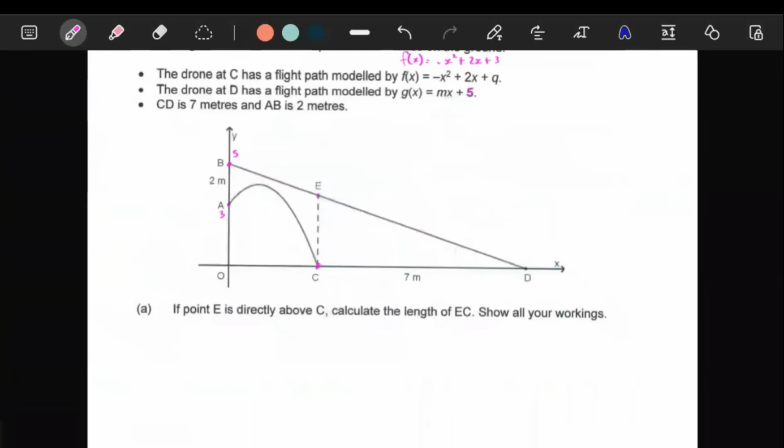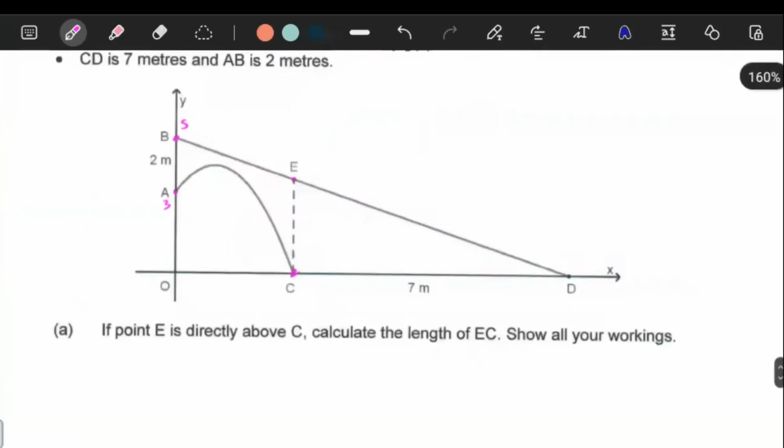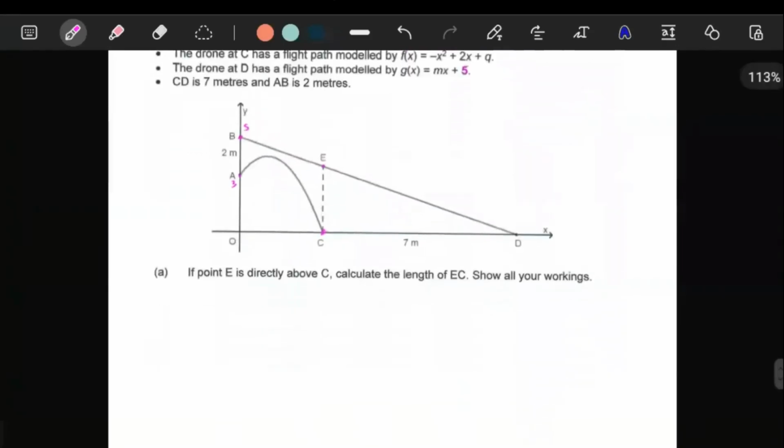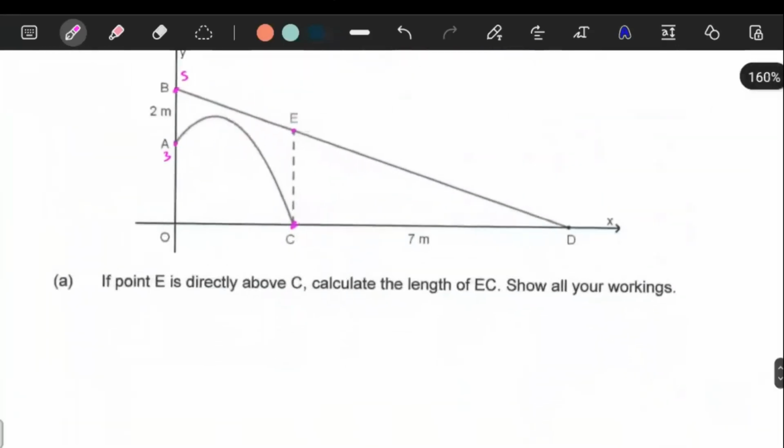So you obviously need the full equation of G. For you to get it, if you get this x value here and you add 7, you automatically get the x value of D. The moment you have the x value of D, you can just use D and B to get the gradient of BD. So yeah, let's get C first.